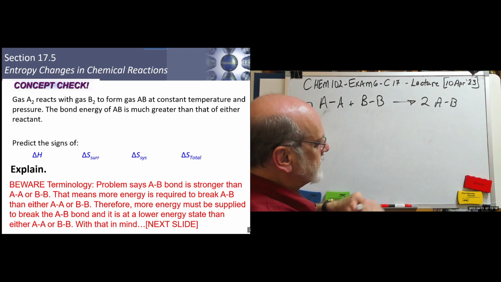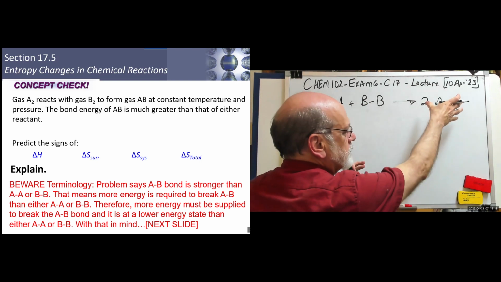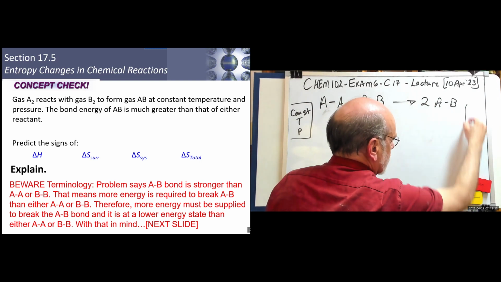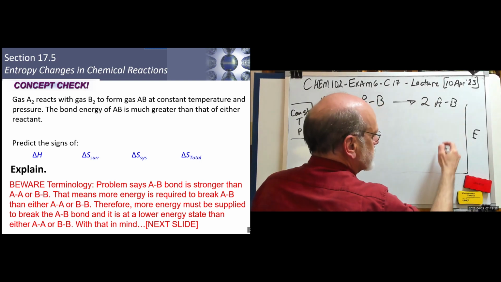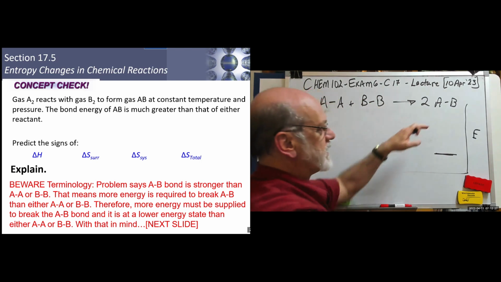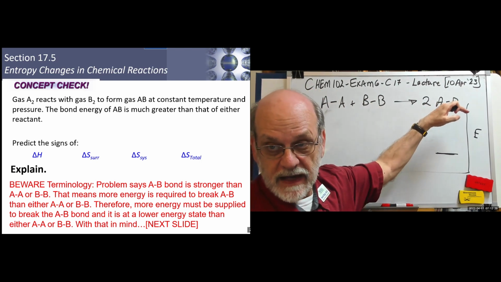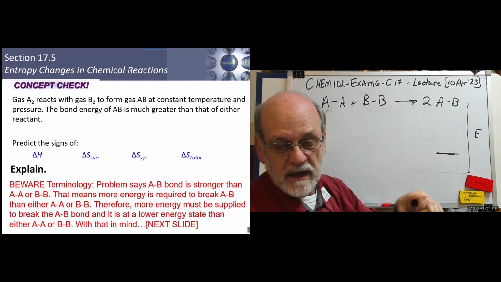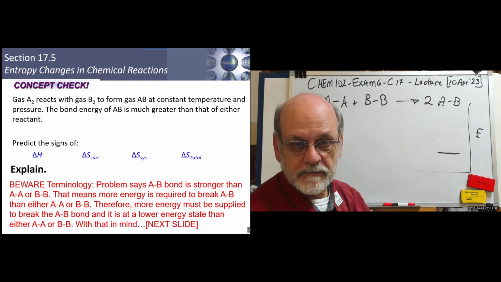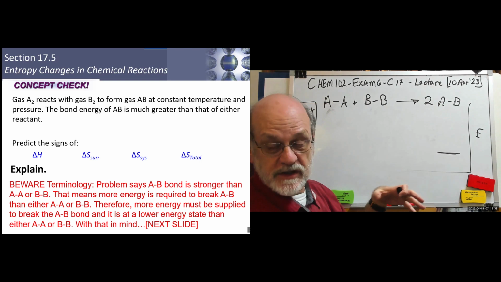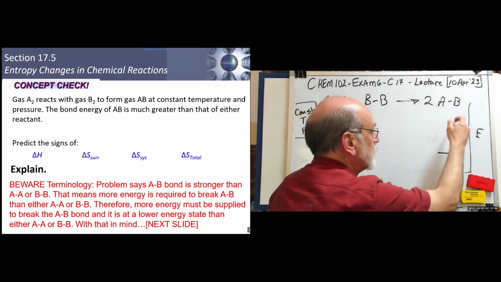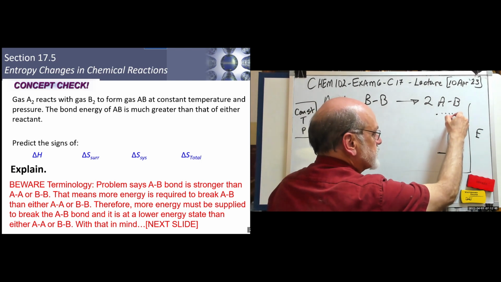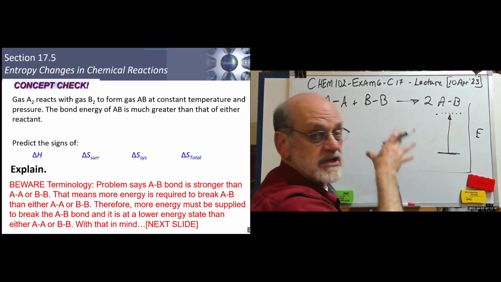The energy level of this bond is down here. So if we have energy on this scale, then the energy here would be the bond energy of A to B. Whereas the amount of energy that's required to break the bond would be this much energy. It would take that much energy to break the bond.